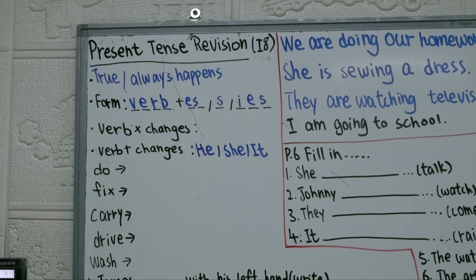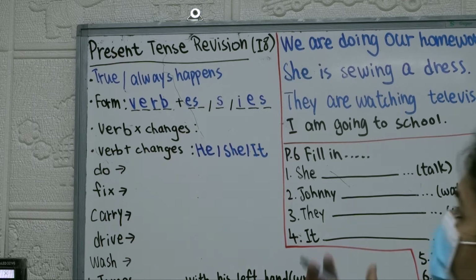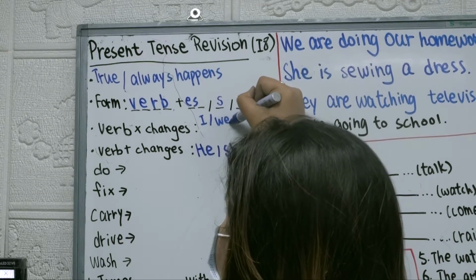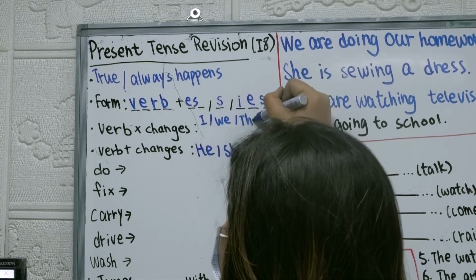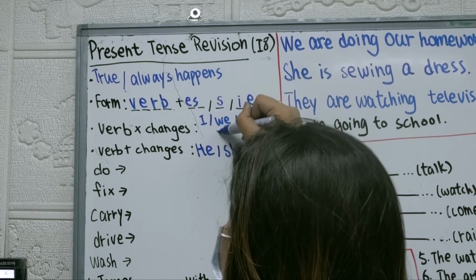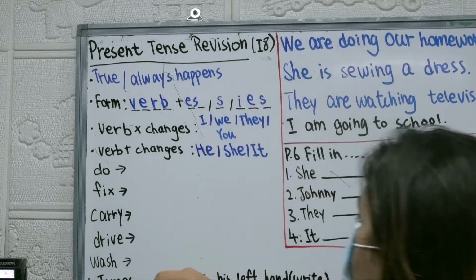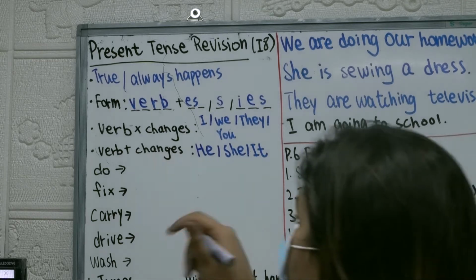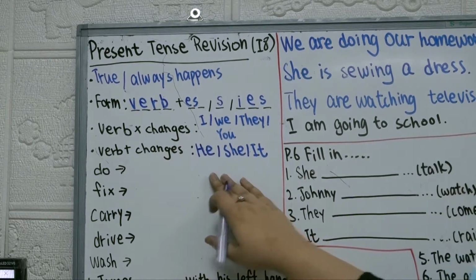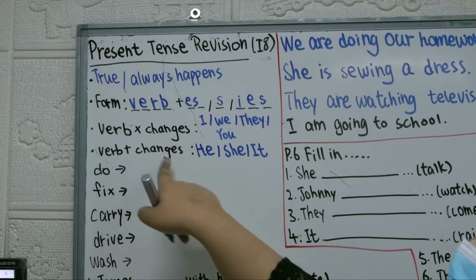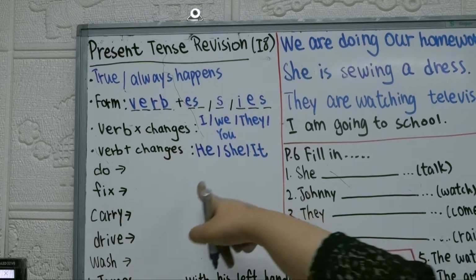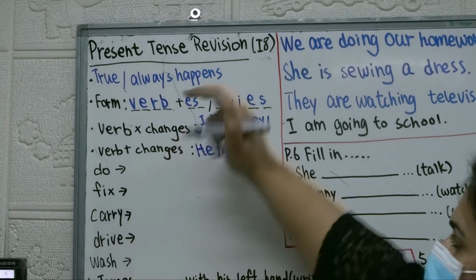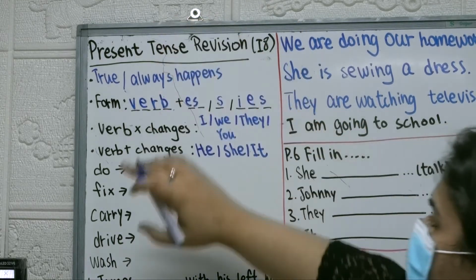The subject should be I, we, they, you. Okay, we don't change the verb. But with the subject he, she, it, we change the verb. Verb with changes means es, s, ies, alright? Verb with no changes means just the base form of the verb.